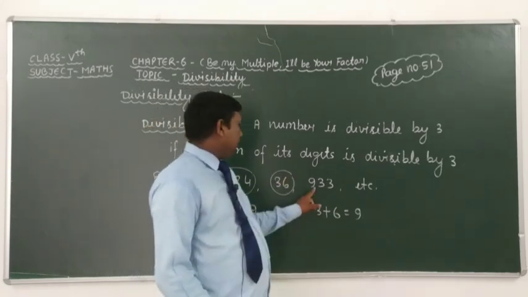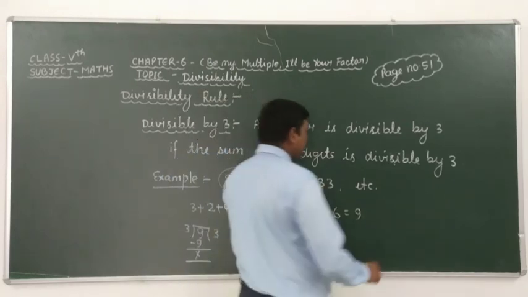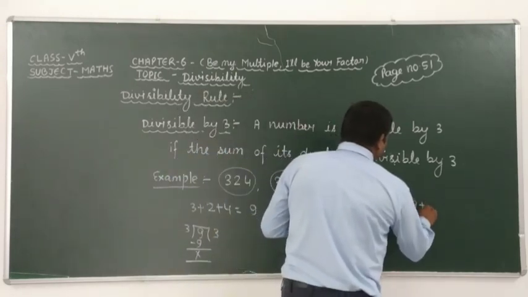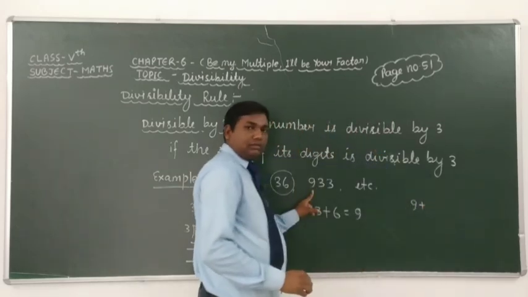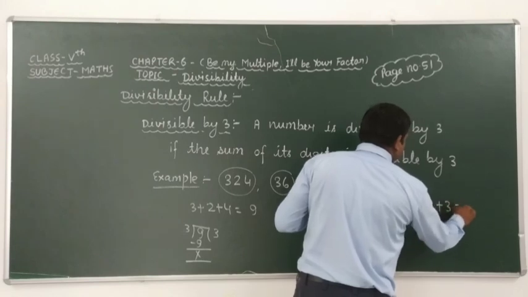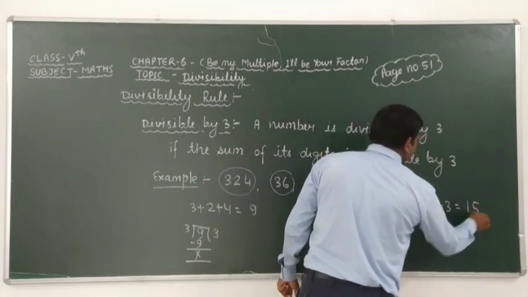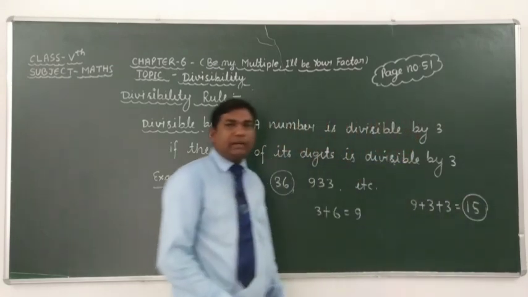Okay, students, in this question here given 933. The sum of its digits is 9 plus 3 plus 3, which is 9 plus 3 is 12, 12 plus 3 is 15. Students, 15 is divisible by 3.